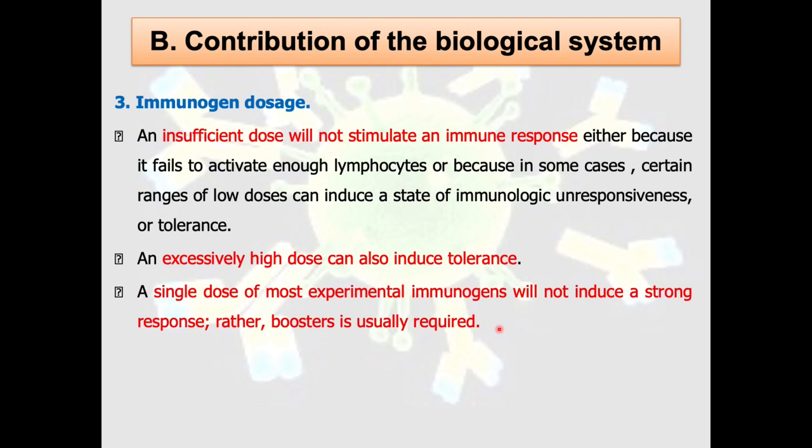So booster 1, booster 2, booster 3, something like that. It means they vaccinate you with a small amount of immunogens, and consequently the next vaccine, they will vax you with the booster to enhance the immunogens. As a result, it will activate the immune response system.